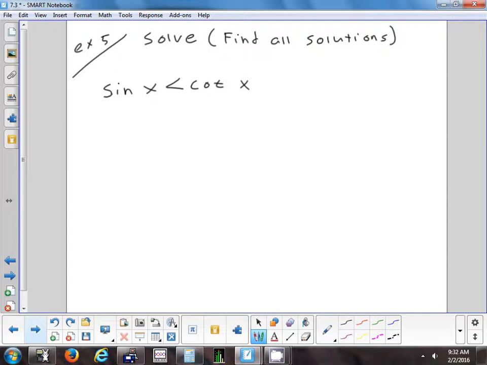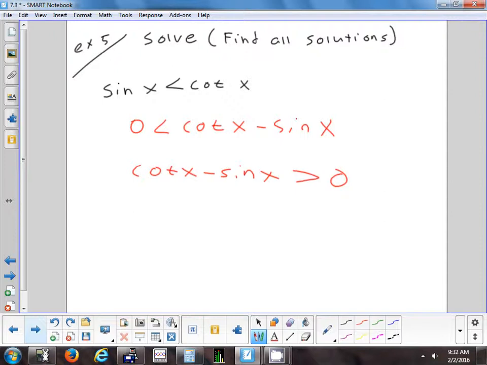Subtract something, doesn't matter which one. Let's just move sine x to the other side. Cotangent x minus sine x. So I'm going to be looking for where my picture is greater than 0. Some people like to write it this way. Those two inequalities are the same thing, just switching.